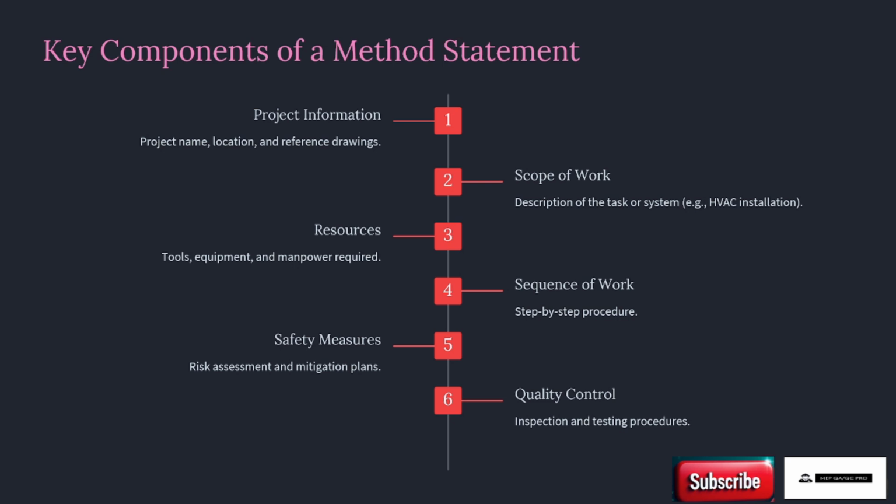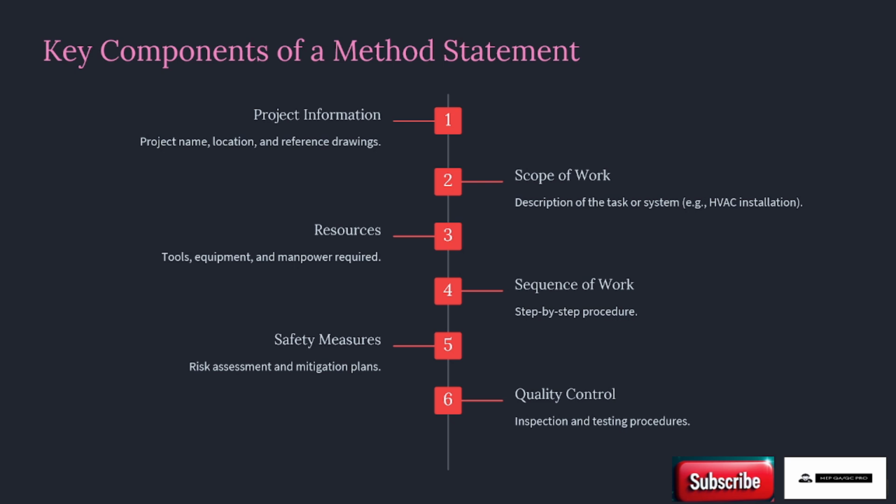You have to tell them that we need a risk assessment regarding this type of work. They will implement the plan and mitigate as per your method statement, and they will prepare the risk assessment for you. That also needs to be attached in the method statement.